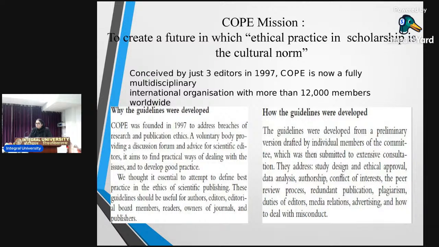Okay, right? So the COPE mission, the COPE guidelines, you will get the guidelines everywhere. Whenever you are ready for publishing your work, and even while writing your synopsis, you will be going through a lot of literature.